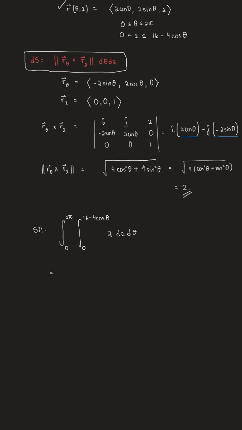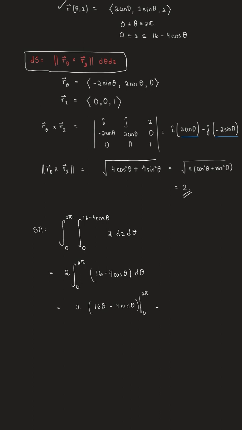And if we go ahead and calculate this, I'm going to pull the 2 out. We have from 0 to 2 pi, this is just going to be 16 minus 4 cosine theta d theta. And so that's going to give us, if we integrate with respect to theta, 2 times 16 theta minus 4 sine theta from 0 to 2 pi.